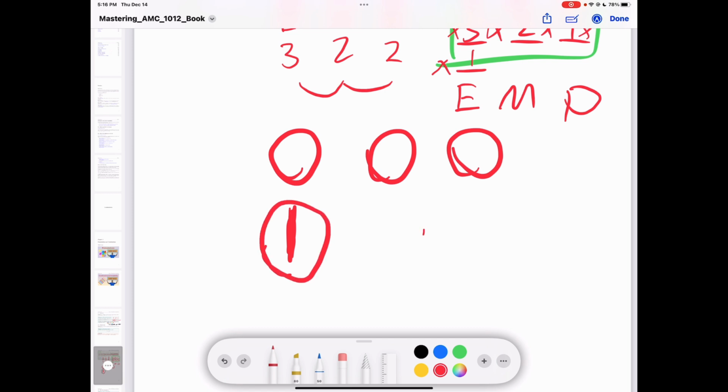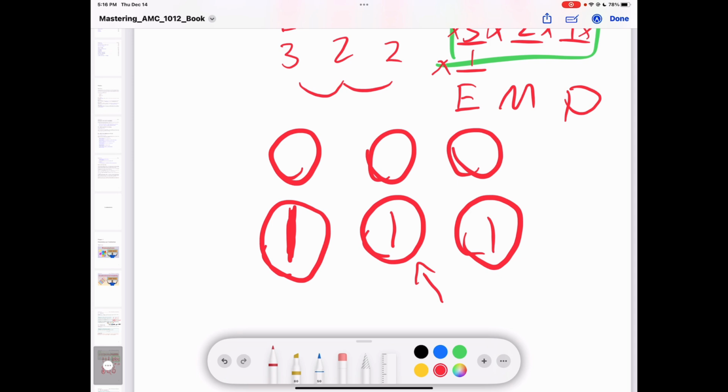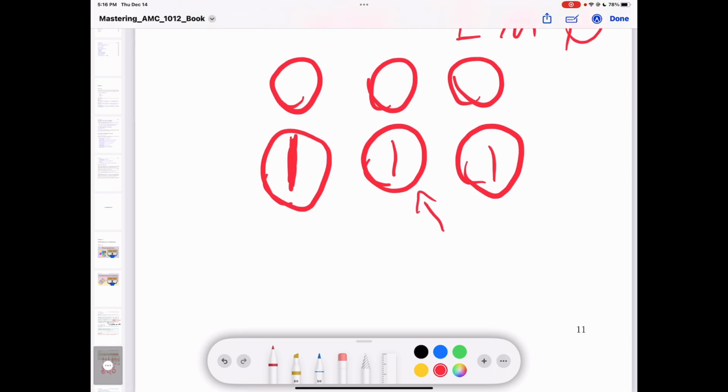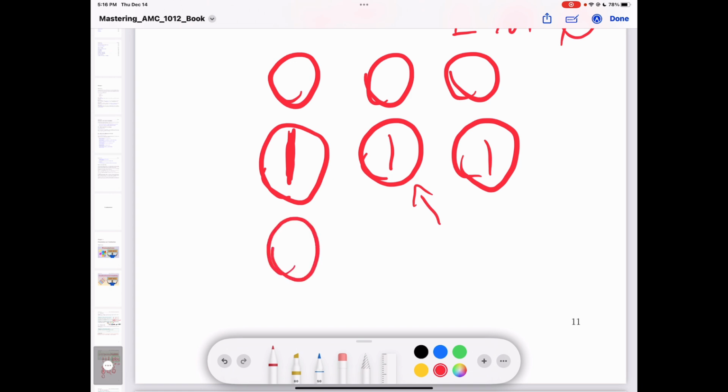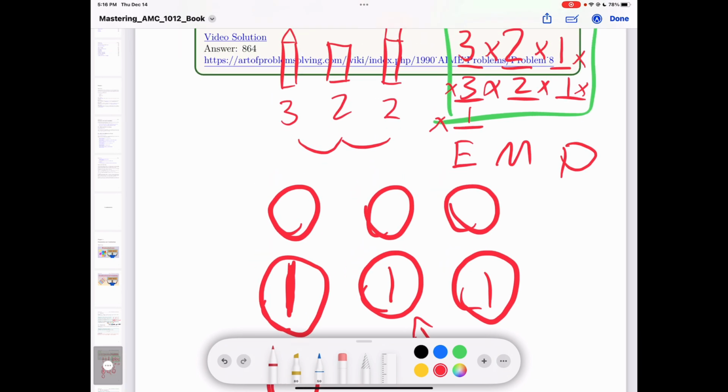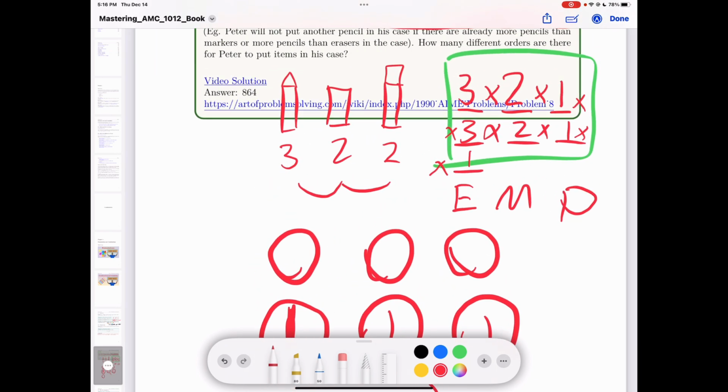We will not put this because it's bigger than any of these. So he has to put 1 here, or here. But if you put something here, you can't put something here because then it will be greater than. So he has to put something here. That is really confusing. Why is the number so big?